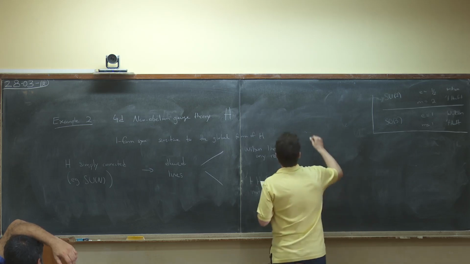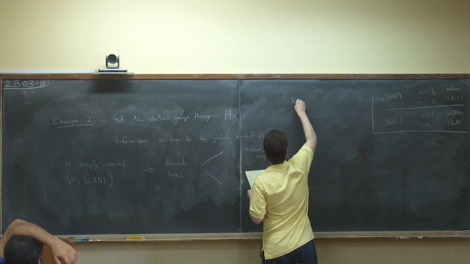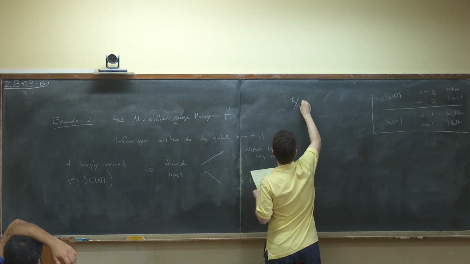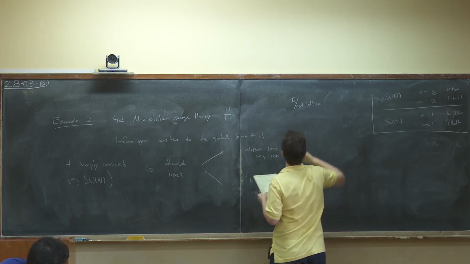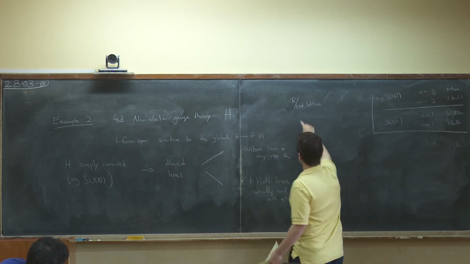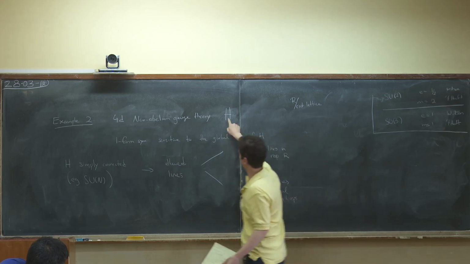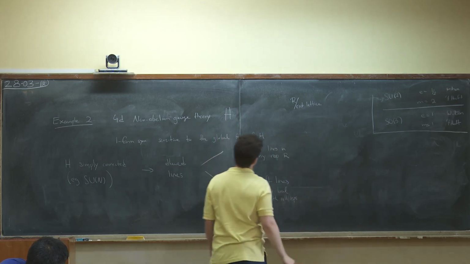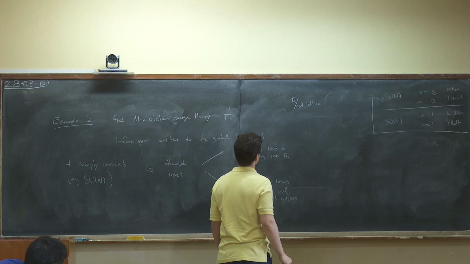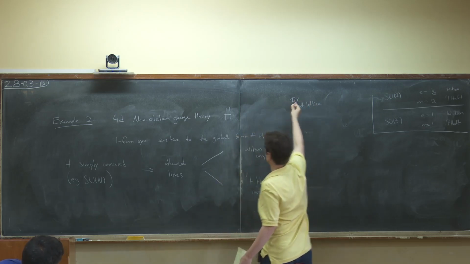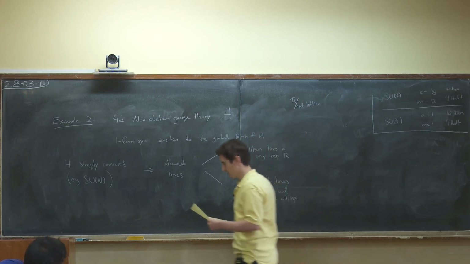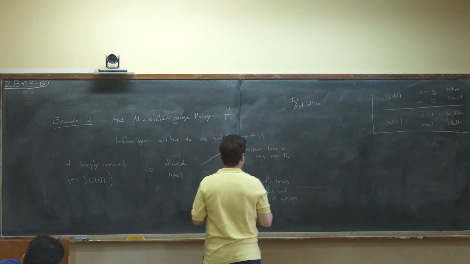So you could look at R modulo the root lattice. The root lattice are the charges carried by the adjoints, the dynamical fields, and you can ask if this is a charge that can be measured by some symmetry, and that's what we're going to do.